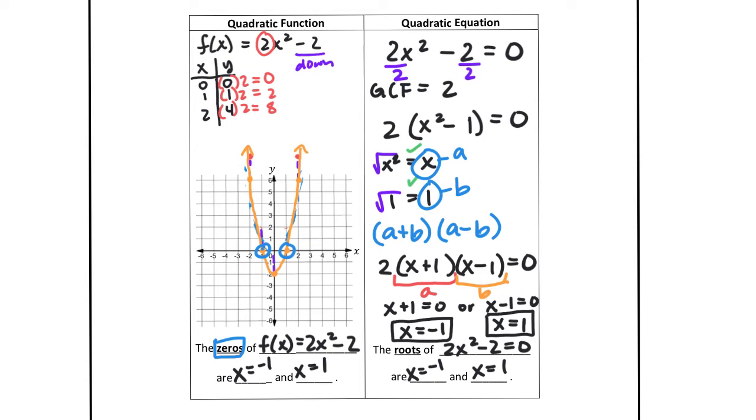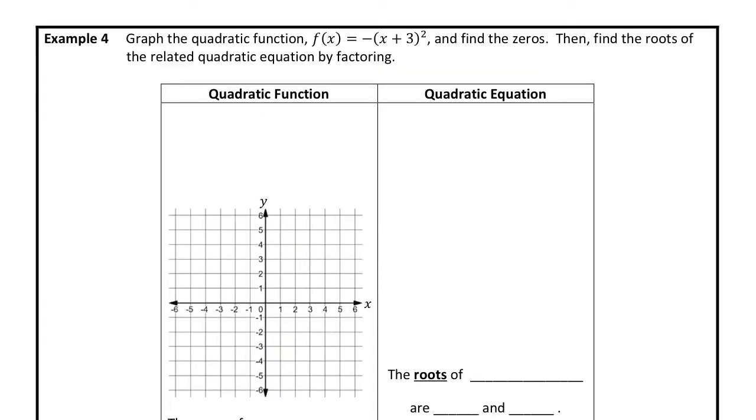So let's do 2 more examples. Let's go to example 4. Alright, so example 4, we have the function f of x equals negative x plus 3 squared. So we already know the type. We know that if there's a negative in front, that's a reflection over the x-axis.